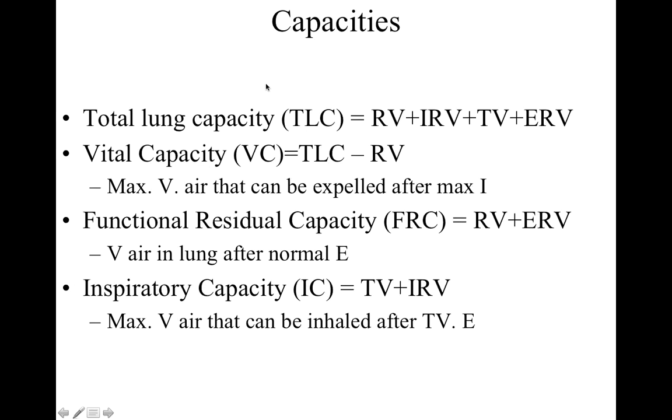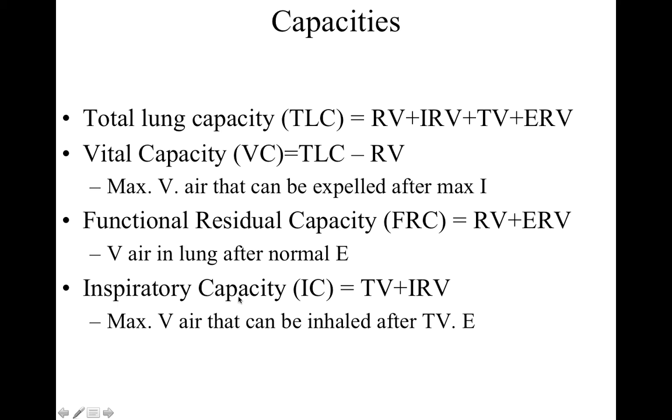So now that you understand those, you can understand the capacities. Total lung capacity is all of them: residual volume plus inspiratory reserve volume plus tidal volume plus expiratory reserve volume. So it's all the air in the lungs. The vital capacity, think vital, living, is how much air you can actually move. That's your total lung capacity minus your residual volume.